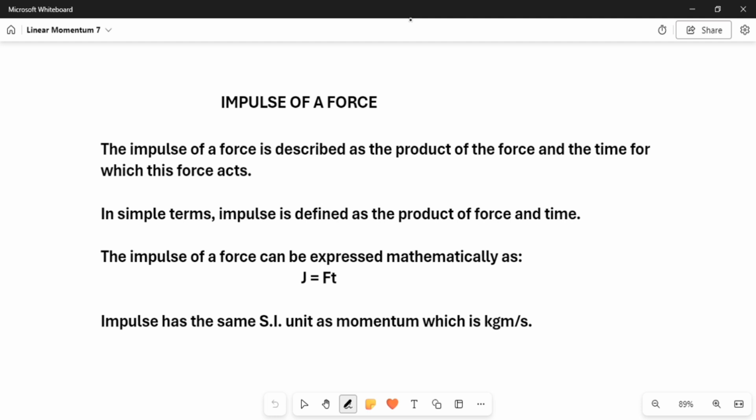So if we use J to represent impulse, F is force and T is time, then it implies that impulse of a force is F times T. F is force, T is time.